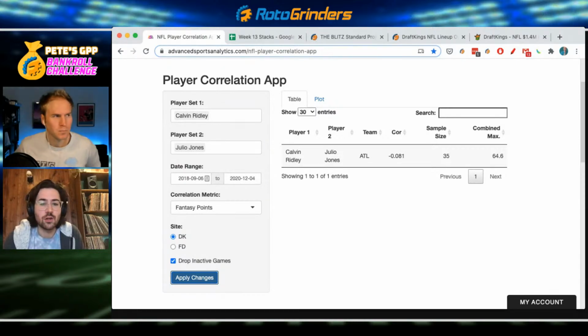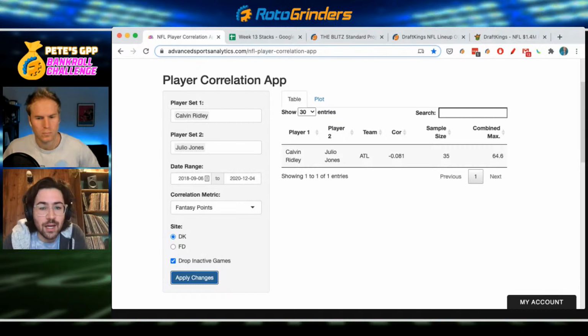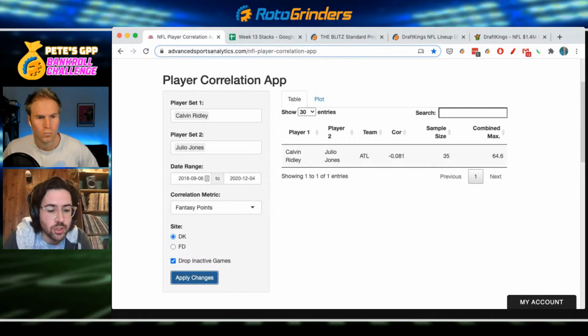And so combined, they have this combined ceiling of 64.6, even though they don't have exceptional correlation. That's the most points that combined they have scored in a single game. Although we do know the ceiling of Julio plus the ceiling of Ridley. We have our distributions app, which I'm pulling up just to get the numbers real quick.